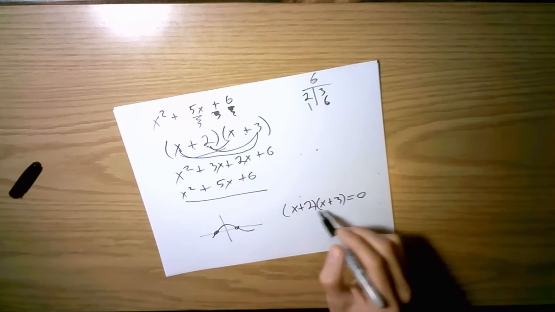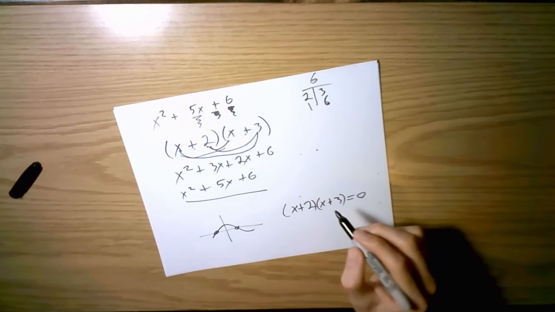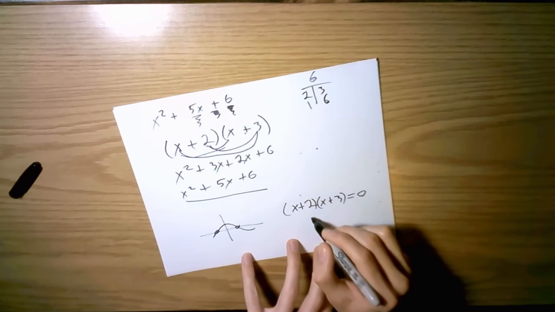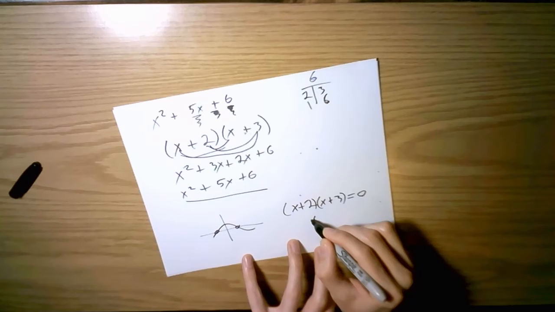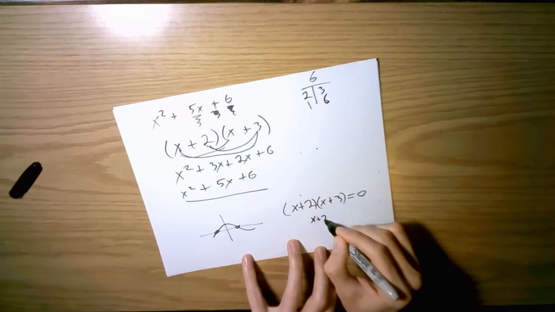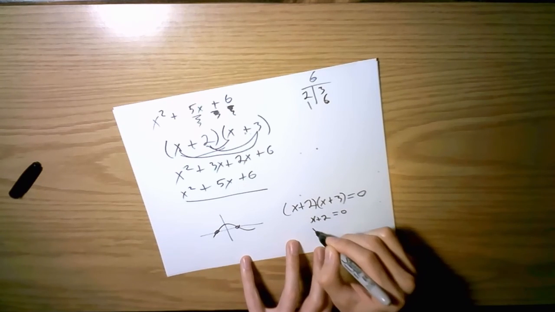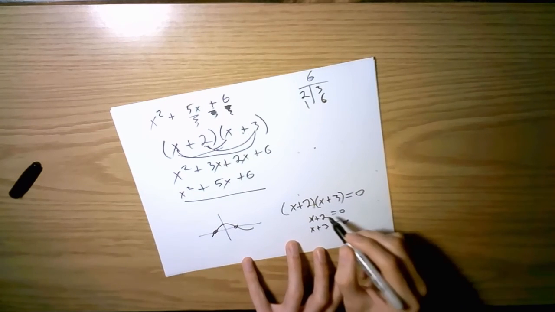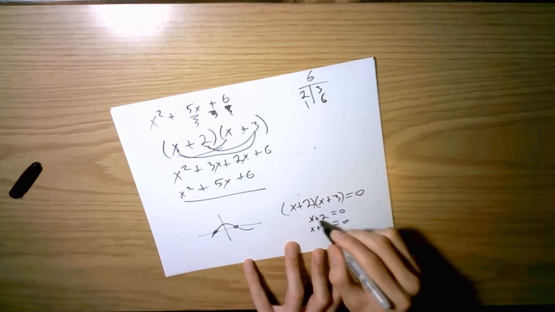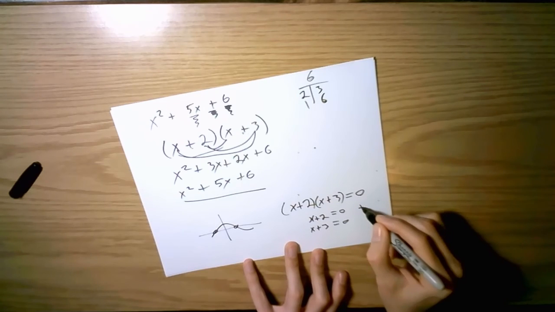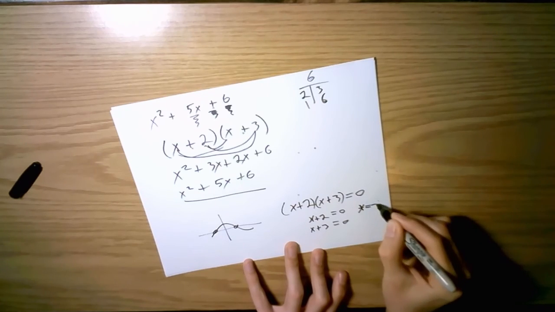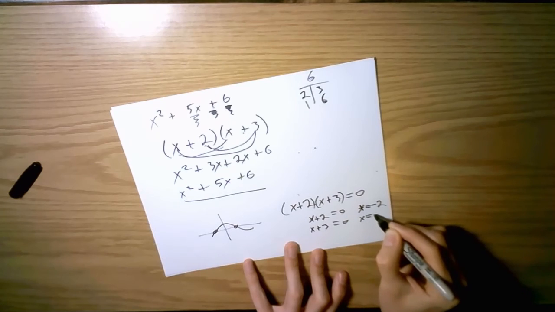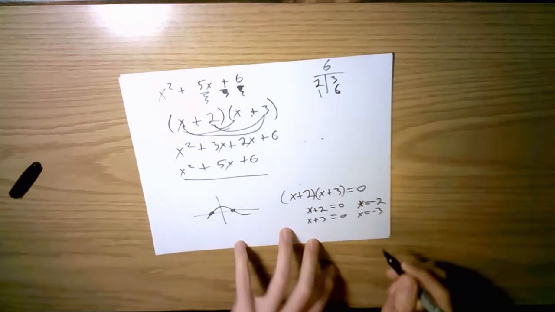Since we have this as two binomials multiplied together, we can look at them individually. We can take x plus 2 equals 0 and x plus 3 equals 0, and solve for each one. Subtract 2 from both sides, and we get x equals -2, x equals -3.